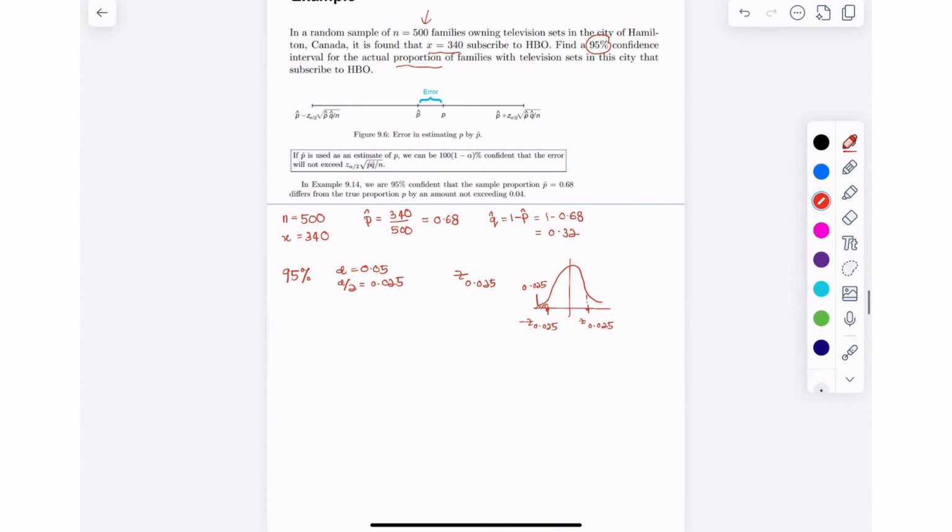Since this is for the negative part, automatically for the positive Z, this is also 1.96.